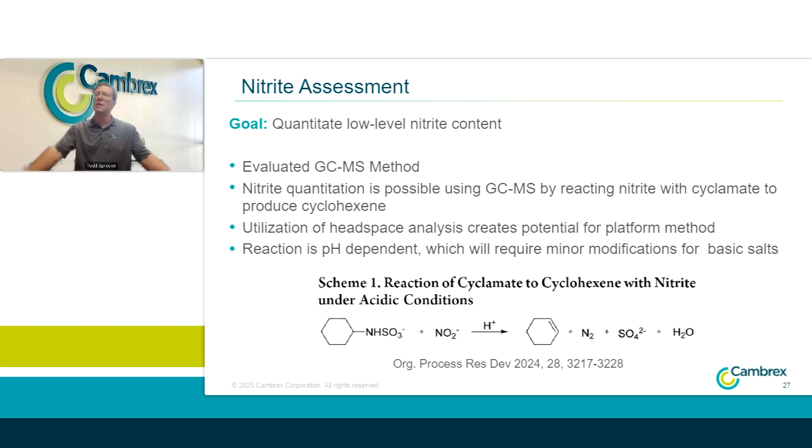As the cyclohexene is volatile, that avoids the matrix components of all the different excipients that are used. And while the reaction is pH dependent, it does require modifications for basic salts. And there's a little bit more of a method evaluation time to verify the reaction conditions for the different excipients, as opposed to full development for each excipient through the IC method.